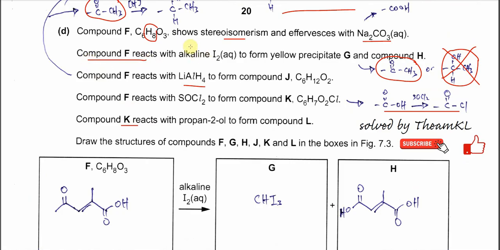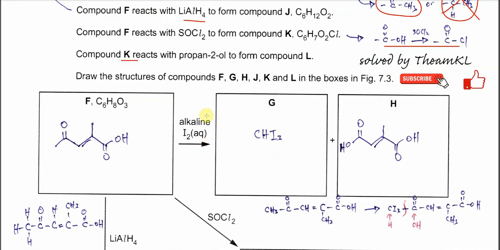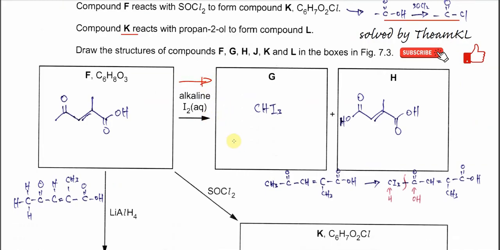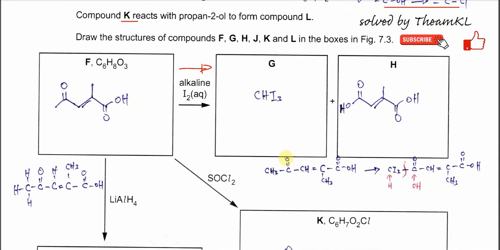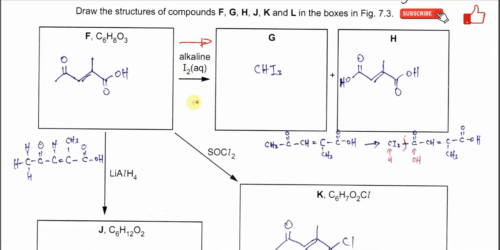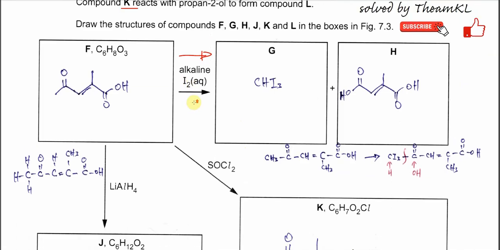Compound F reacts with alkaline iodine to form a yellow precipitate and compound H. Let's move to the right-hand side here. So we know that when alkaline iodine reacts with compound F, the methyl ketone will react. I'll just tell you roughly how it works.